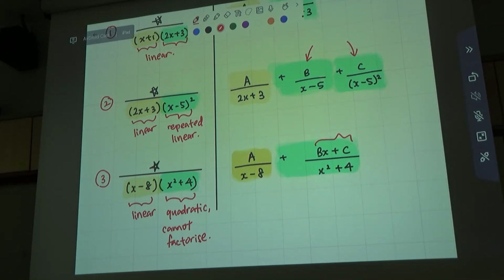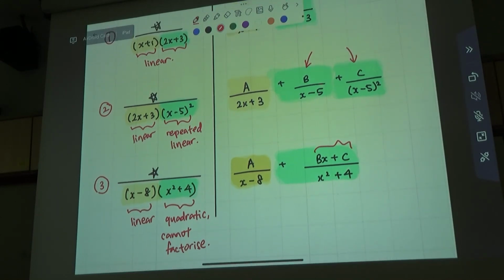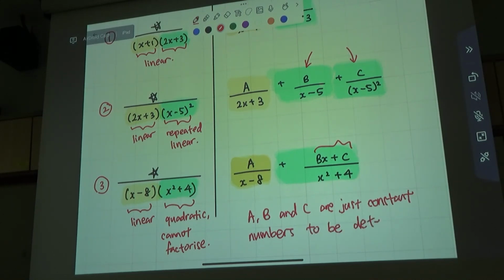You can use other letters, but by convention and from the textbook, they will use capital letters to represent these constants. So A, B and C are just constant numbers, to be determined later on.